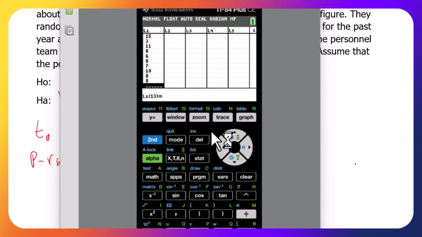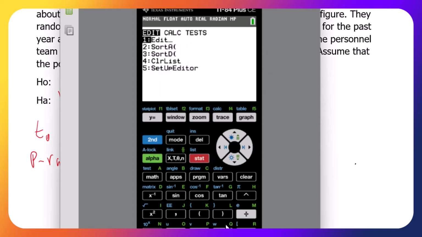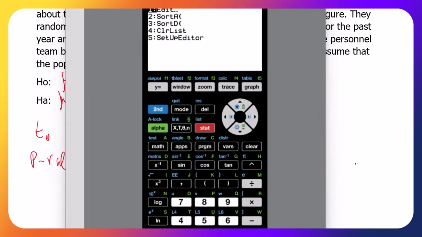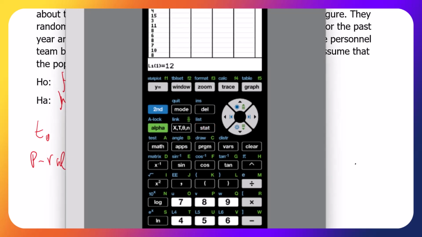Okay, guys, so what I did: stat, edit, enter, and I selected edit, and that's enter right here. And then I enter the data in there.